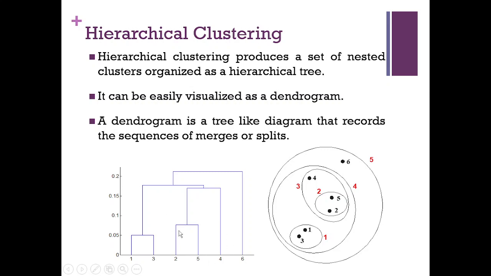This third cluster of 2, 5 and 4 was merged with 1 and 3 to form the fourth cluster, and this big fourth cluster was combined with point 6 to form my final cluster, cluster 6. Now this is the dendrogram recording the sequence of the merges.